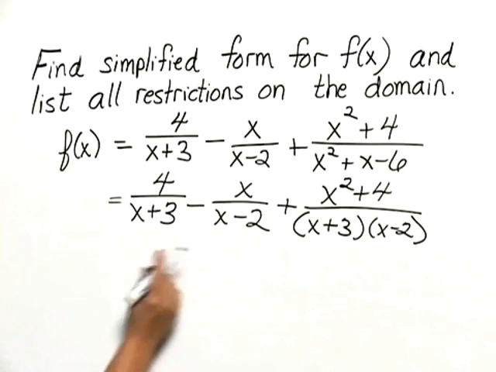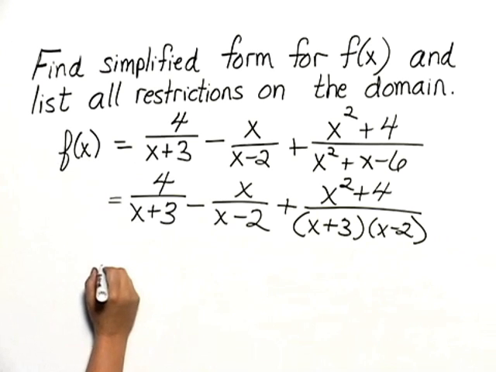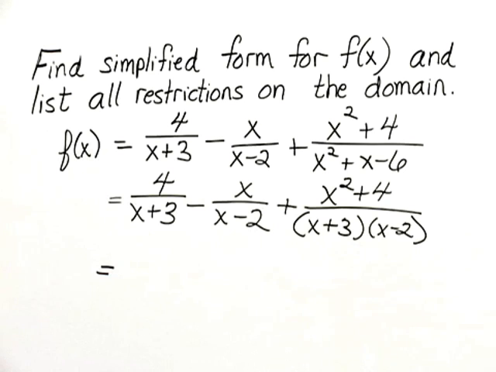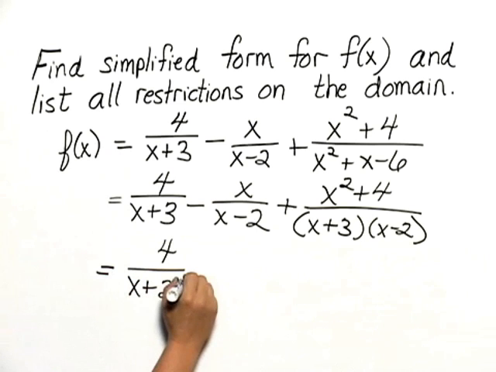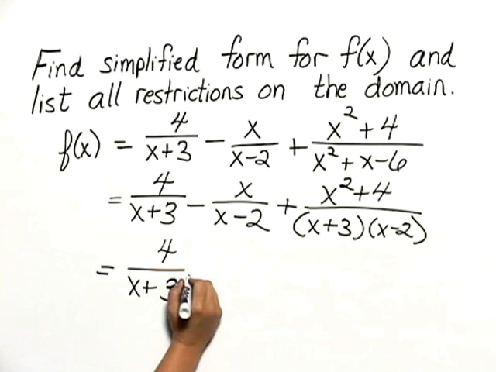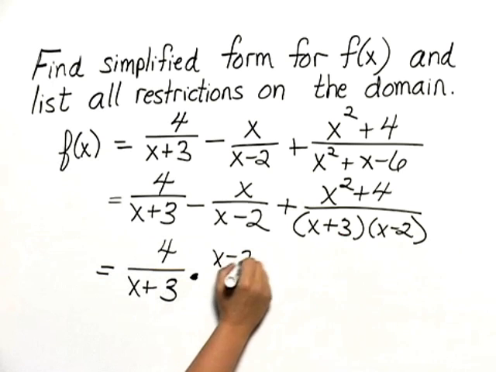Now let's combine, subtract, and add these. We need to get a common denominator. The common denominator is going to be x plus 3 times x minus 2. So we need to multiply the first fraction by the missing factor, x minus 2 over x minus 2.